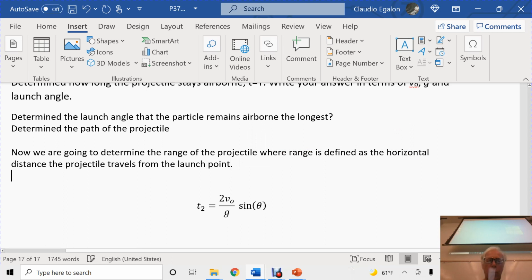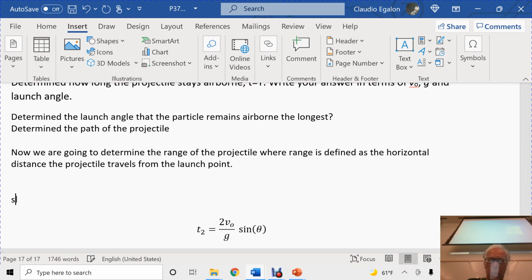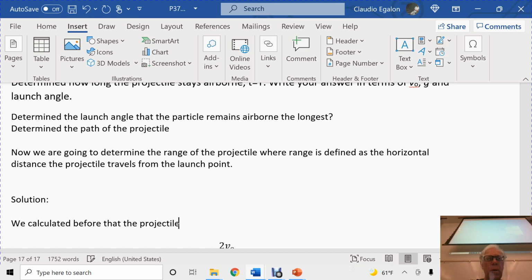Solution: we calculated before that the projectile remains airborne during the following period of time.